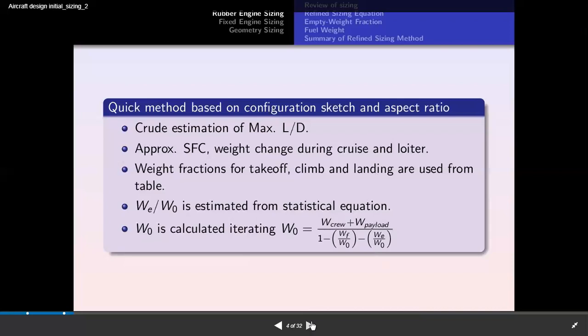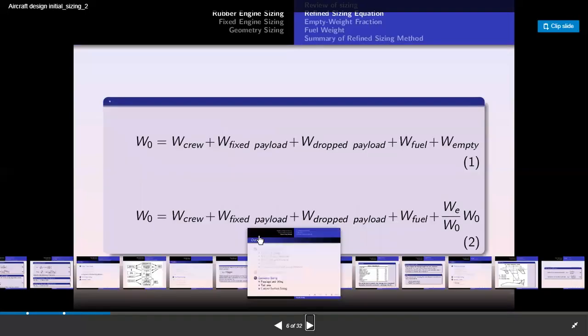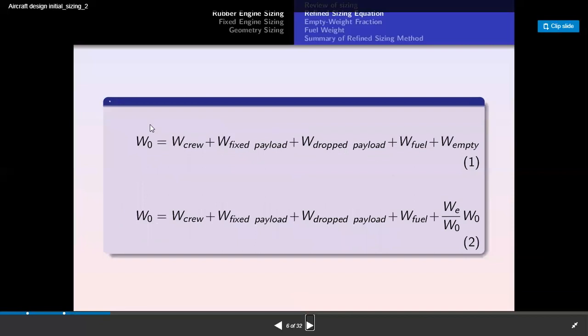Okay, so here the refined sizing equation. See here, this is called W naught. It is the total design gross weight. It includes crew weight, fixed payload, and dropped payload. In military aircraft, whenever you do air to air or air to ground combat, we leave behind whatever payload it may be, the missiles and whatever load we are carrying, which is called dropped payload.